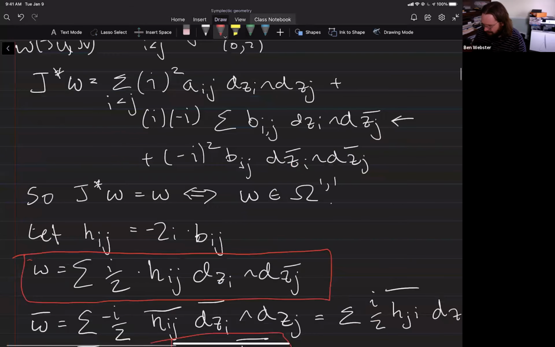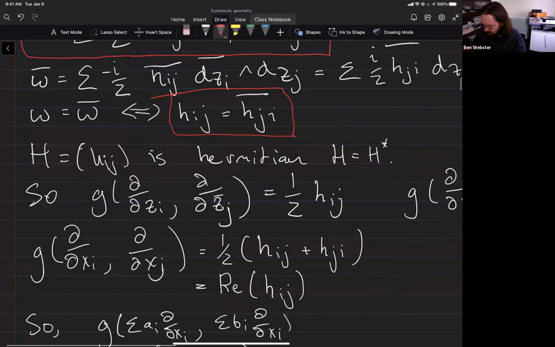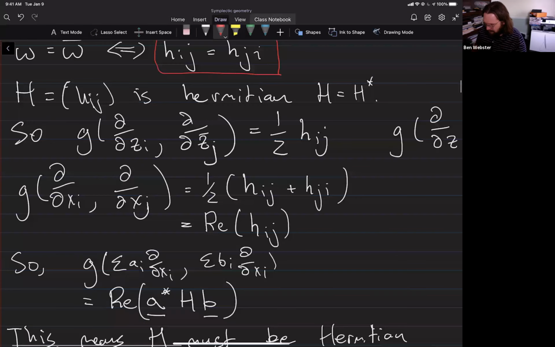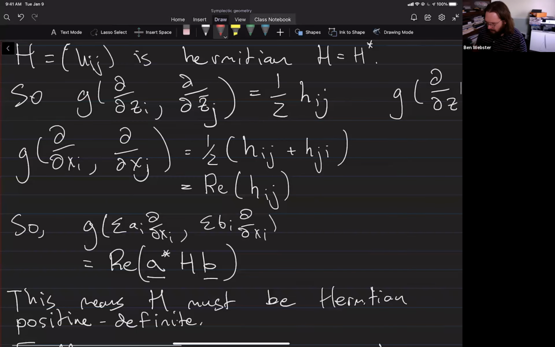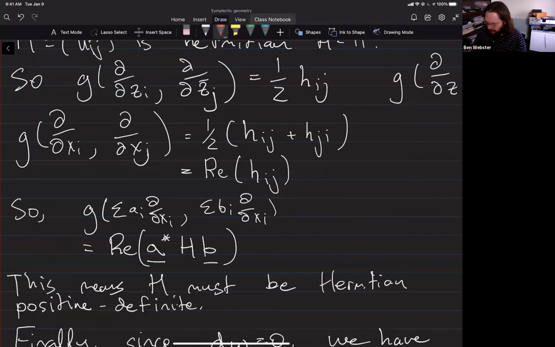So an extra factor of i shows up. And you can check that the Hermitian form you get ends up reducing to the complex dot product with this Hermitian matrix H in the middle. I'll leave the details of sorting that out to you.